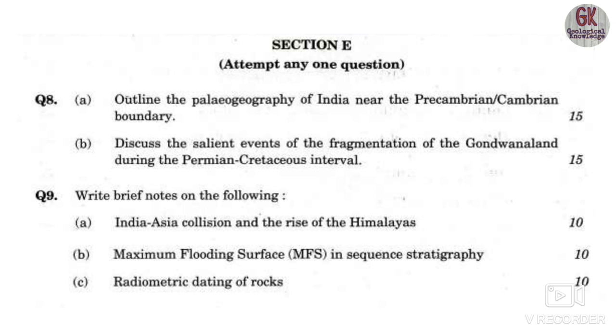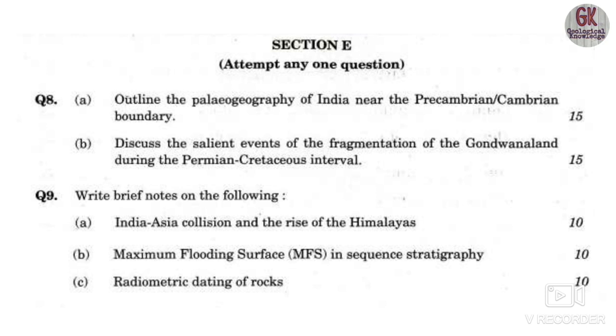8B, discuss the salient events of the fragmentation of Gondwanaland during the Permian-Cretaceous interval. The salient events means the main events at that time in Gondwanaland. So you have to write that down.